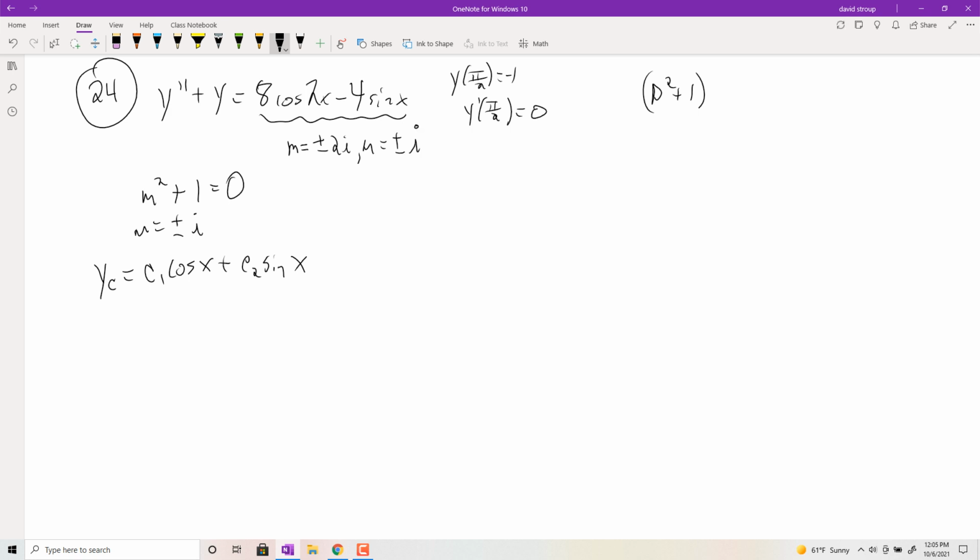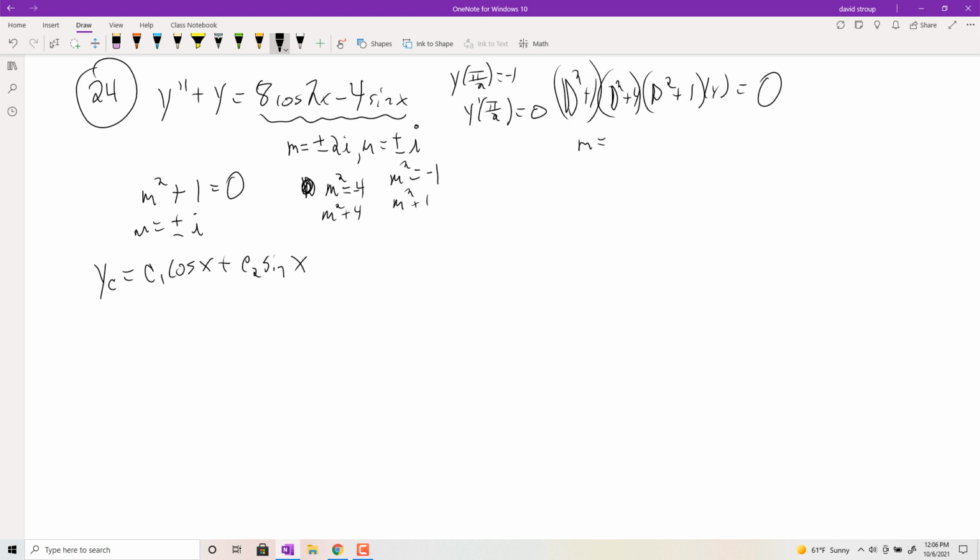So the annihilators, if you were to back engineer it, it's m squared equals -4. So m squared plus 4 is one of them. So I have D squared plus 4. And then the other one, it will be m squared equals -1. So m squared plus 1 is the other annihilator. So D squared plus 1.